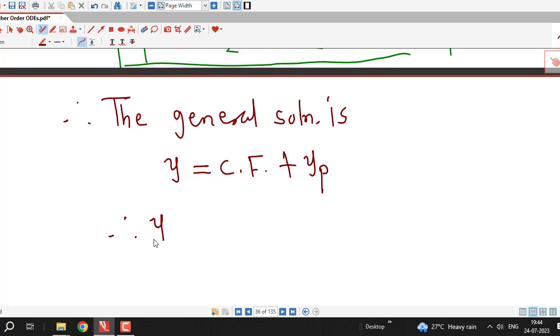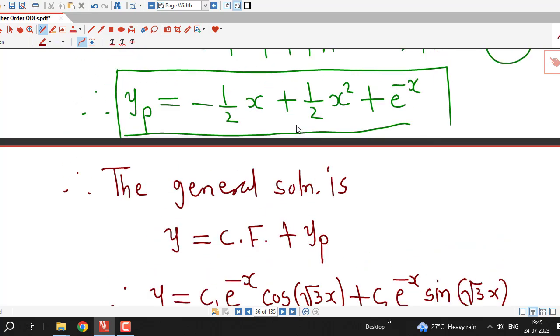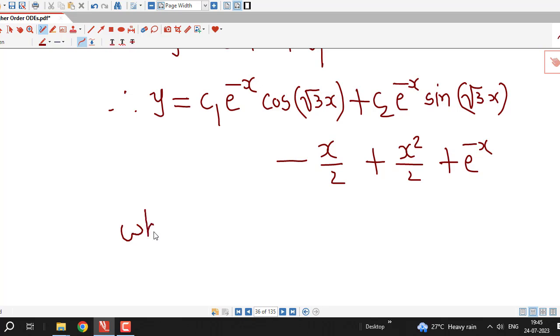And what was our general complementary function? c1 e raised to minus x cosine of root 3x plus c2 e raised to minus x sine of root 3 times x, and minus x by 2 plus x square by 2 plus e raised to minus x. And here c1 and c2 are arbitrary constants.